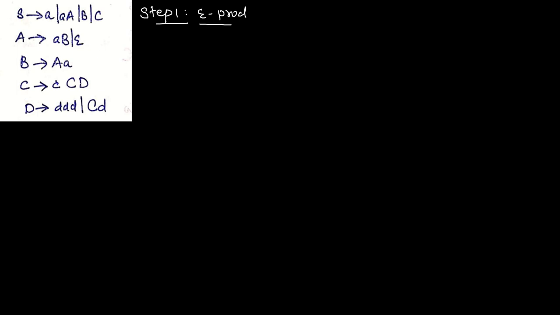Here we have only one epsilon on the right-hand side, with A. So A gives epsilon is the only null production we have, and we call A a nullable variable. Now we take all the productions except A gives epsilon.